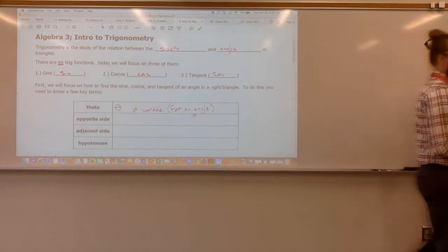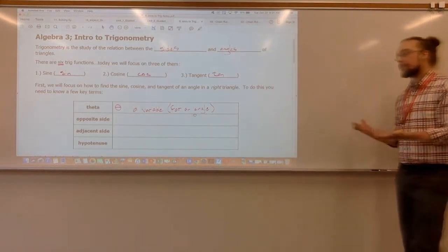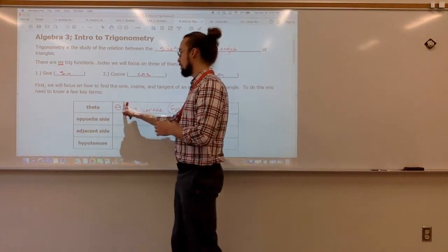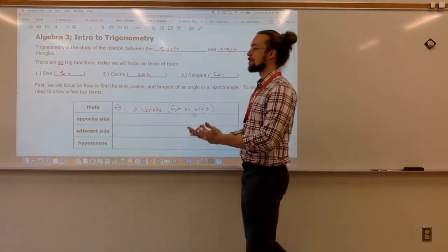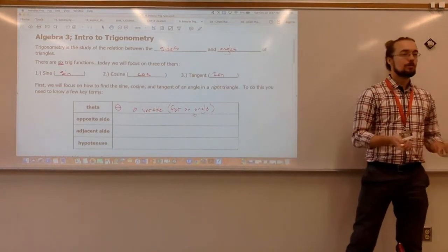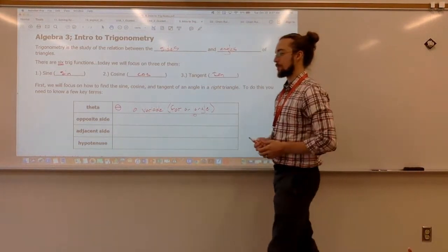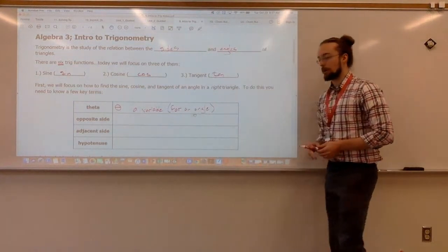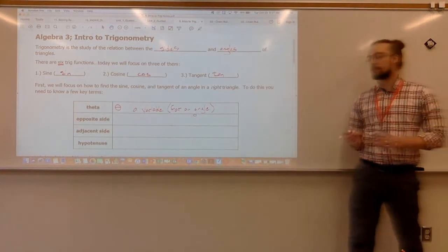You would think of it just as an x. This is just a variable, but generally we use Greek letters, specifically theta, for a variable for an angle.